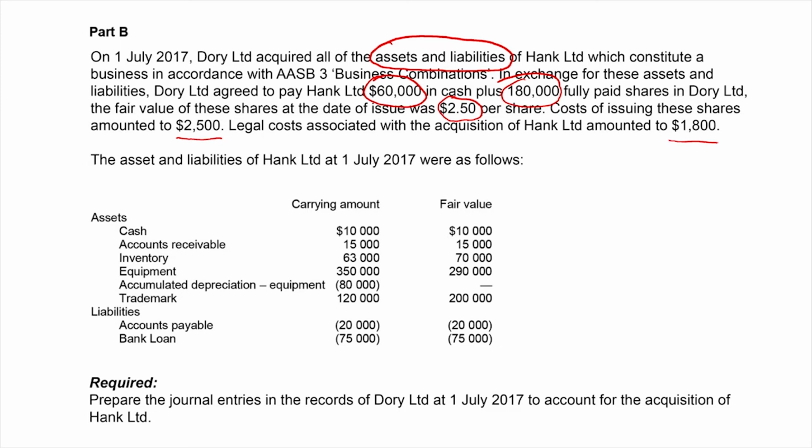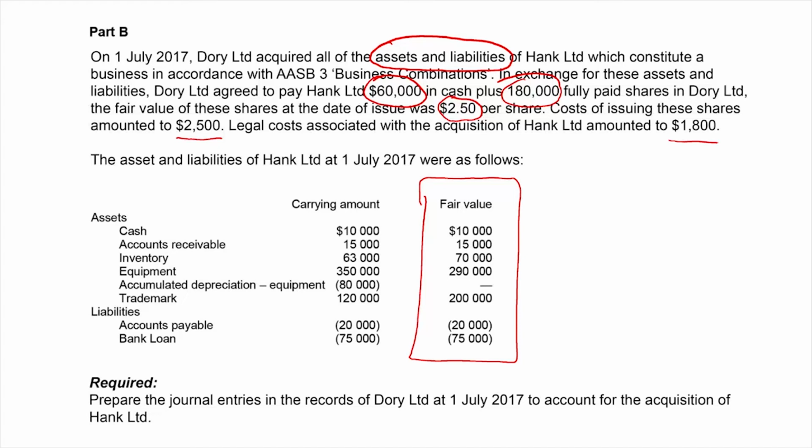Remember, according to WSB 3, the acquisition analysis, the starting point is the net fair value of identifiable assets and liabilities. The keyword there is fair value. In this table of information, we are given both the carry amount and the fair value. We are only interested in the fair value, not the carry amount.